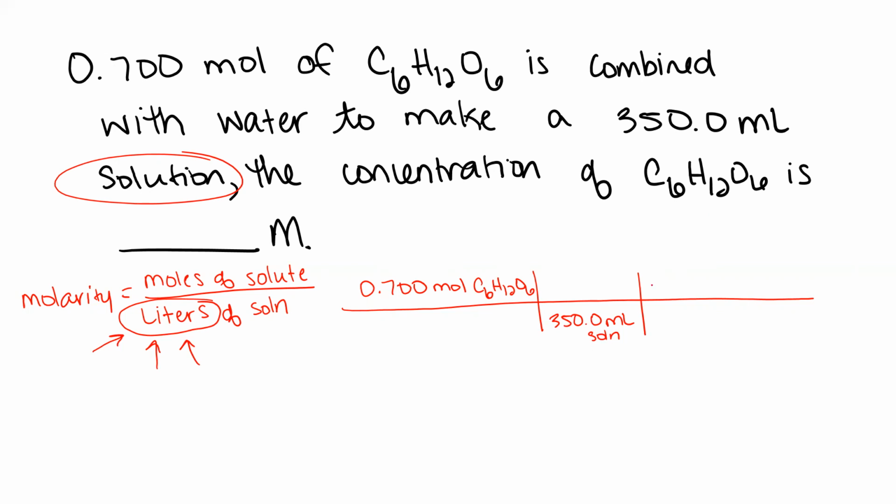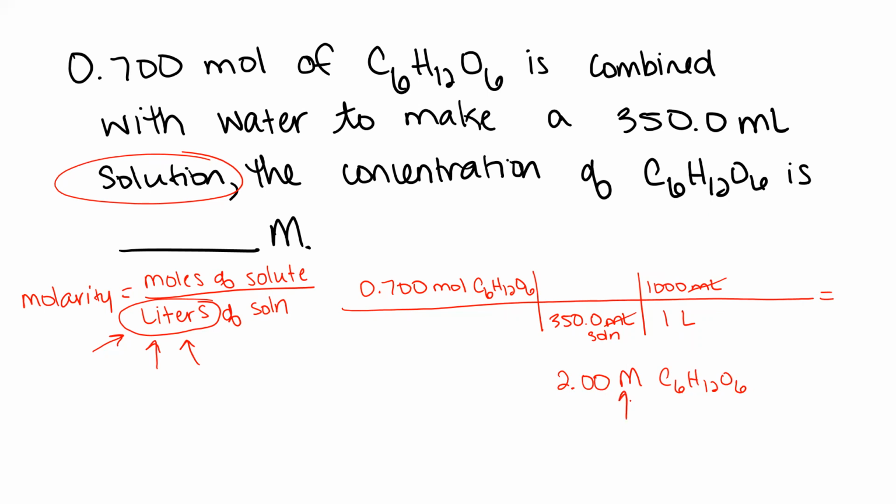So we know that there are 1,000 milliliters in 1 liter. Our milliliters cancel out, and that leaves us able to just calculate across. We're going to multiply 0.700 times 1,000 and then divide by 350, and we happen to get 2.00 molar C6H12O6.